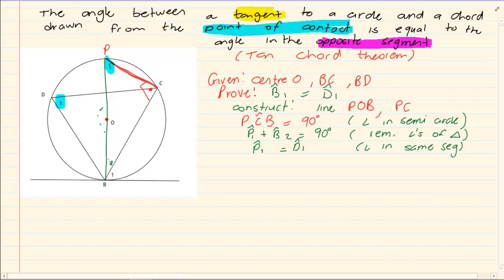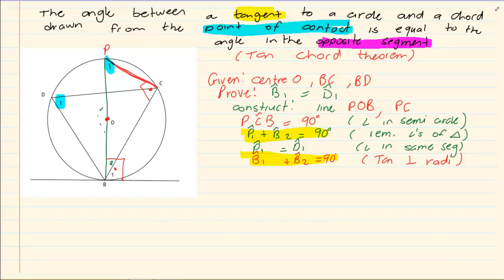Now we also have that B1 plus B2 is equal to 90 degrees. Tangent perpendicular to radius. Remember, this is a tangent and the line is coming from the center to the tangent, so it's 90 degrees. Now if you take those two equations, what do you notice?